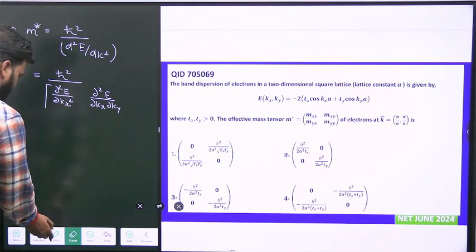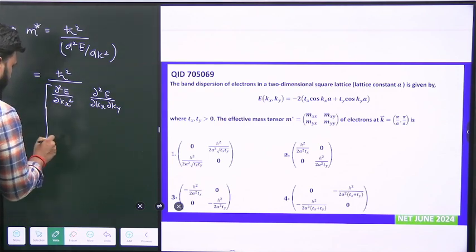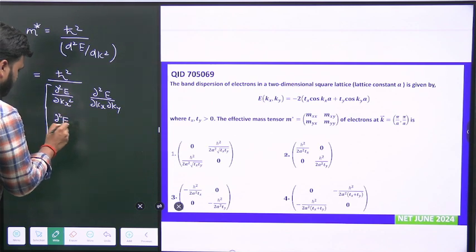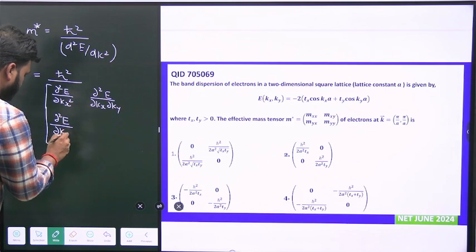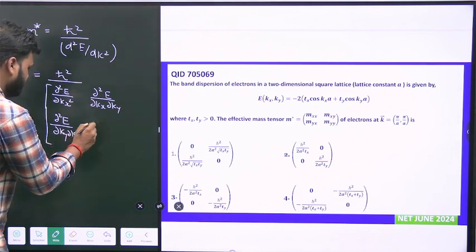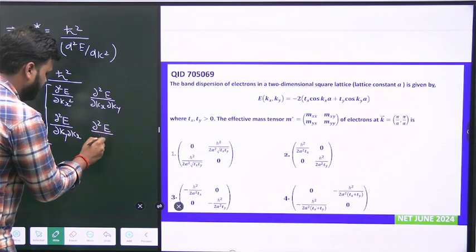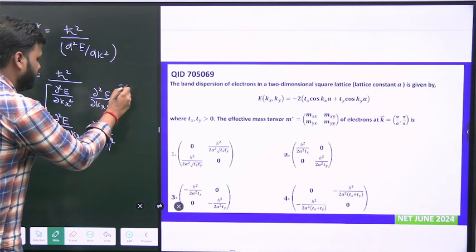For the remaining two entries, it will be del 2E over del ky del kx, and del 2E over del ky squared.